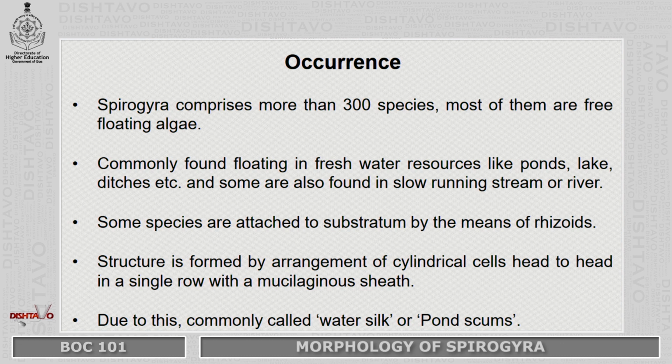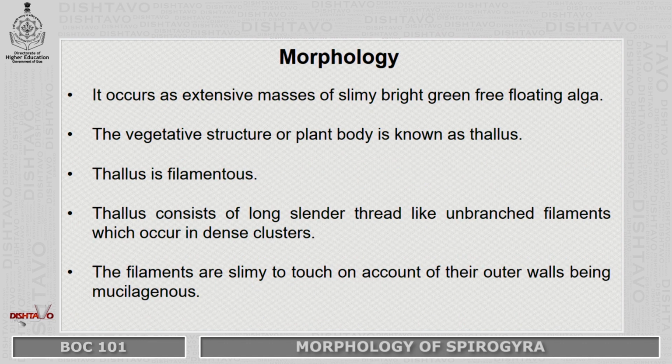The structure is formed by arrangement of cylindrical cells head to head in a single row with a mucilaginous sheath. Because of this mucilaginous sheath present on its exterior surface, the common name given to this alga is water silk or pond scum.